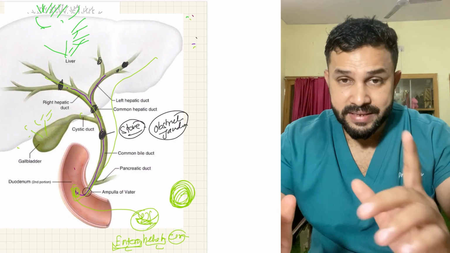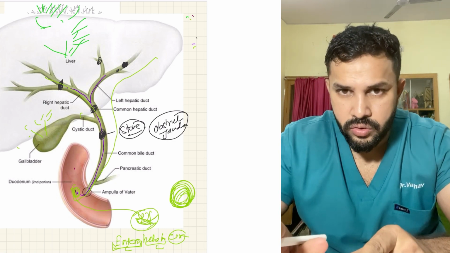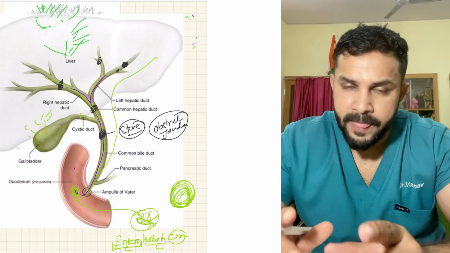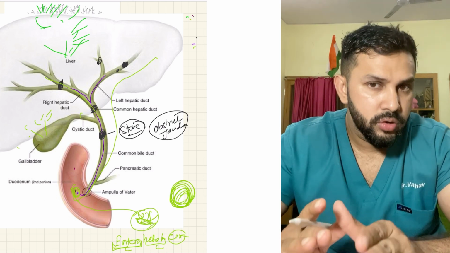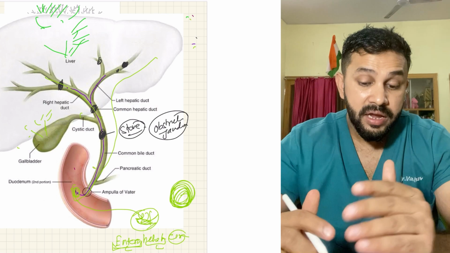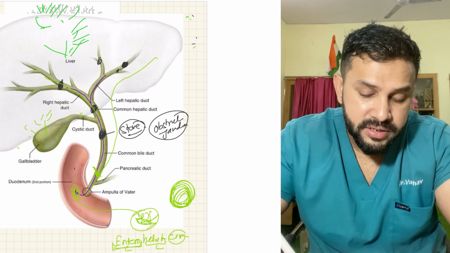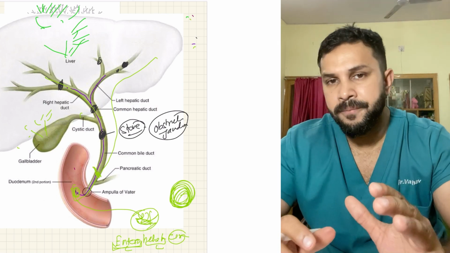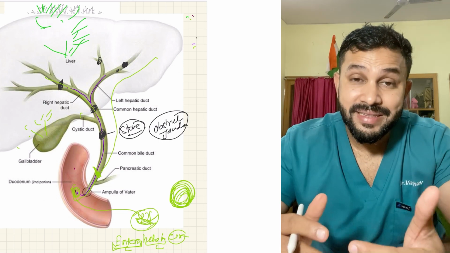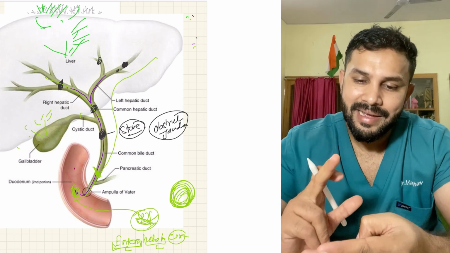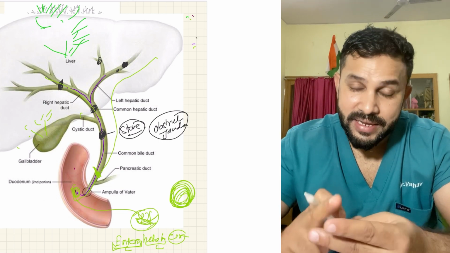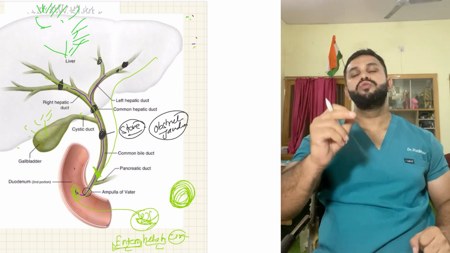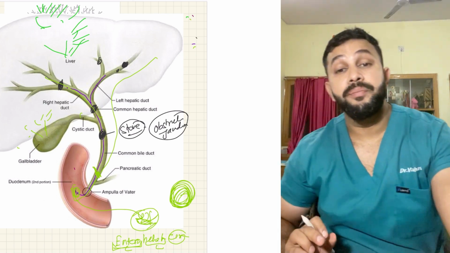Some part is excreted into urine, called urobilinogen. Some part goes to the stool, called stercobilinogen. So if this is blocked, no bile is going, which means stool and urine color will change. That's why in history we ask for the stool and urine color of the patient.